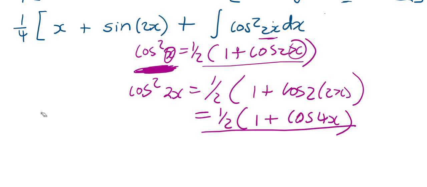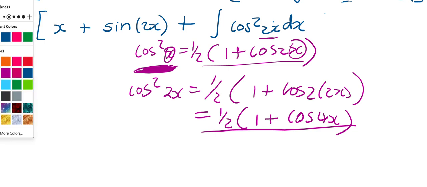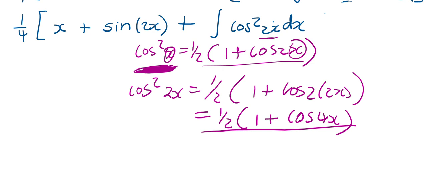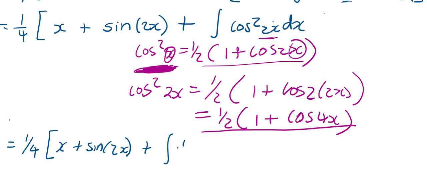So this is equals to 1 over 4, x plus sine 2x plus the integral of 1 over 2, 1 plus cos of 4x dx.